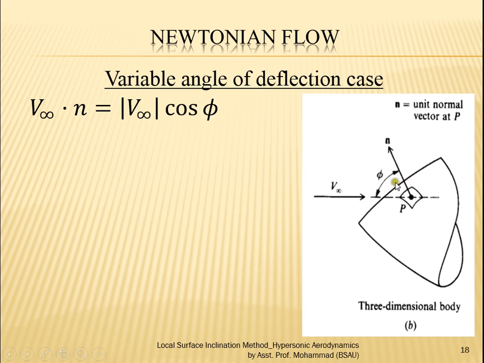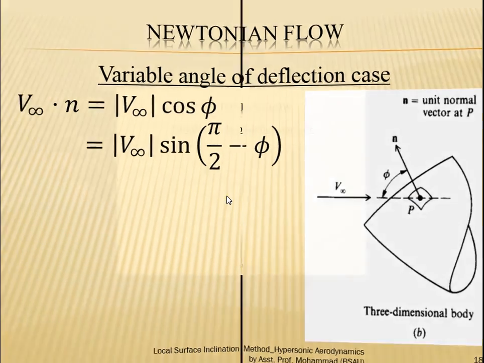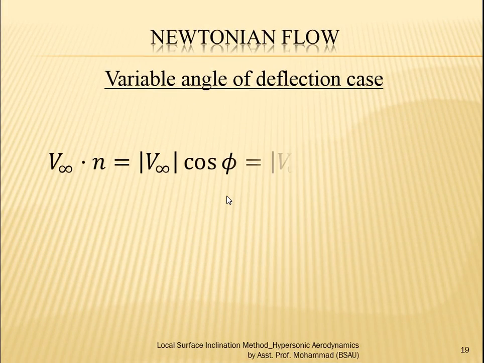Remember, this is not the angle of deflection. We are trying to find the angle of deflection right now. So this angle phi is the angle between the normal unit vector and the velocity. So this is the dot product. Now when this is cos phi, we can write it as sin of pi by 2 minus phi also. And this pi by 2 minus phi is our angle of deflection.